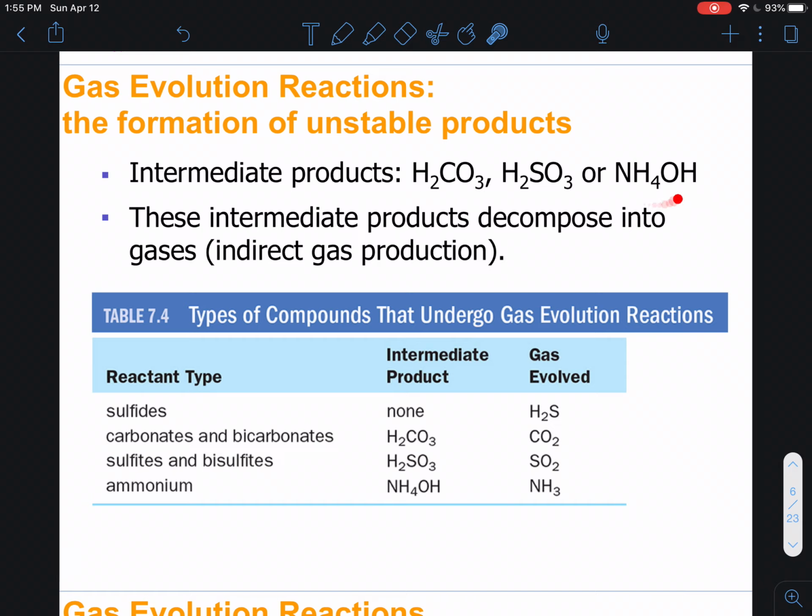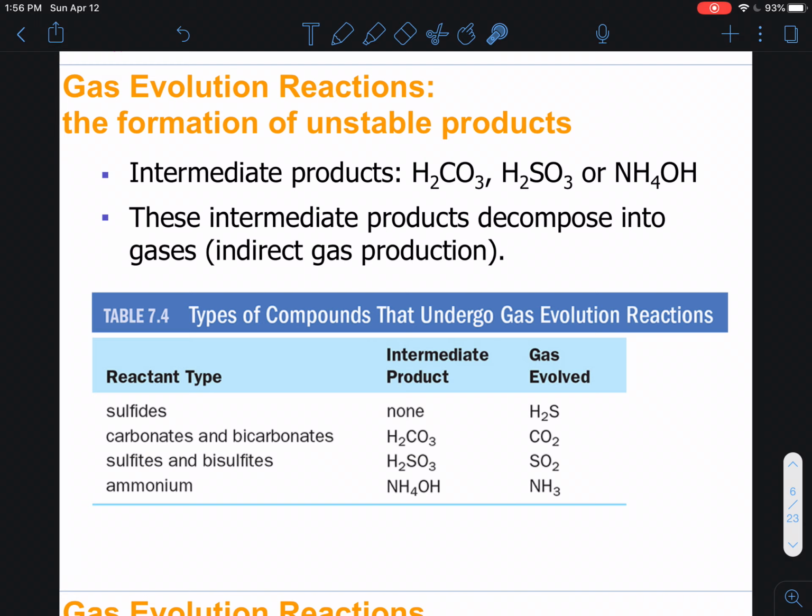When you see those in your products, you've got to think ding, ding, ding, gas evolution reaction. Once you form these products, we call them intermediates because they quickly decompose into gases.